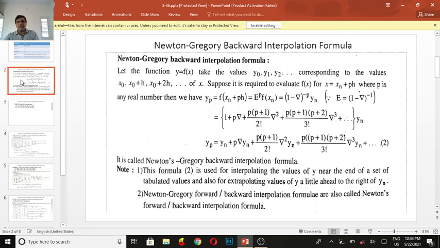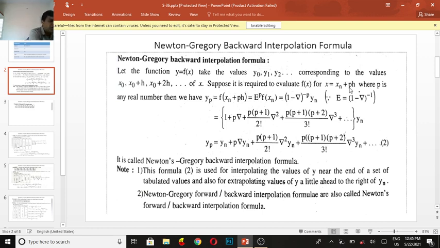In the previous slide, we already saw the Newton-Gregory backward interpolation formula. Let the function y equal to f of x take the values y0, y1, y2, etc., corresponding to the values of x: x0, x0 plus h, x0 plus 2h, etc. Suppose it is required to evaluate f of x for x equal to xn plus ph. Observe this formula.